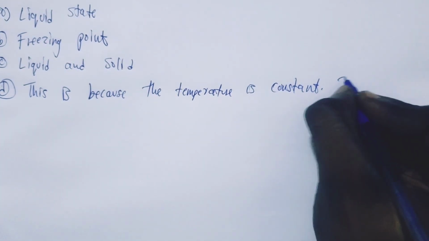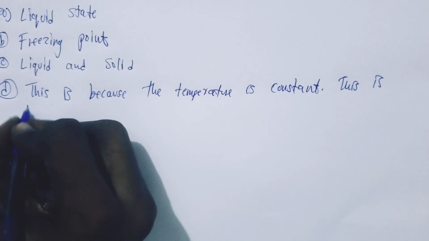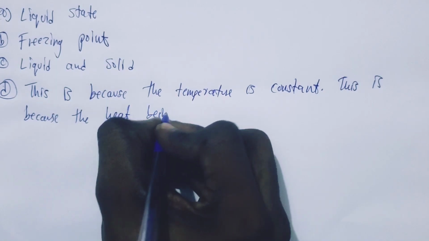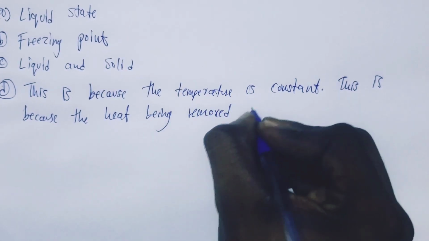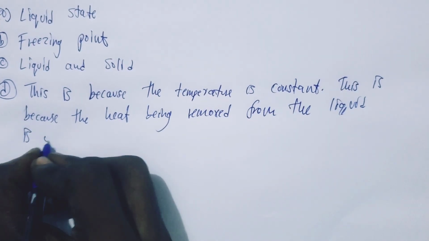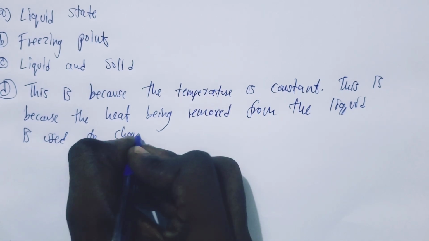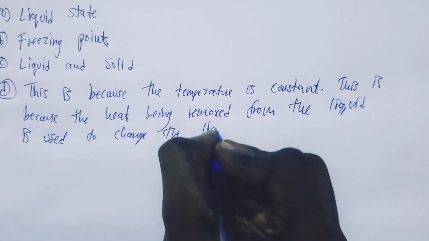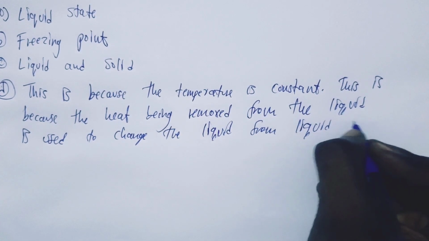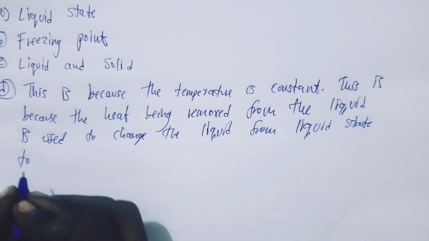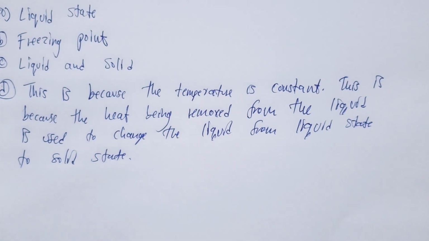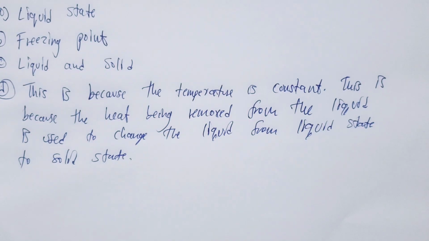Then you say this is because the heat being removed from the liquid is used to change the liquid, the same liquid, from liquid state to solid state. And when this is happening, it happens when the temperature is constant.